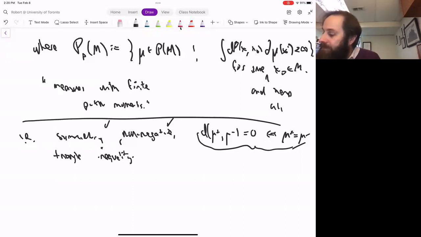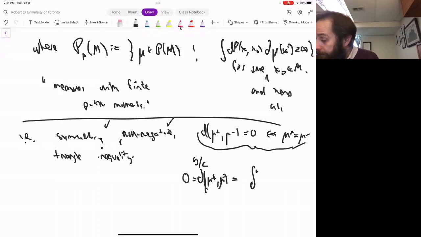Well, if d of mu plus and mu minus is 0, that implies there's a joint measure gamma having mu plus and mu minus as marginals.